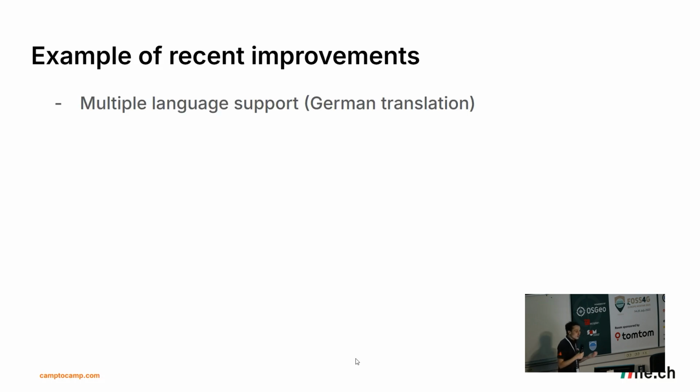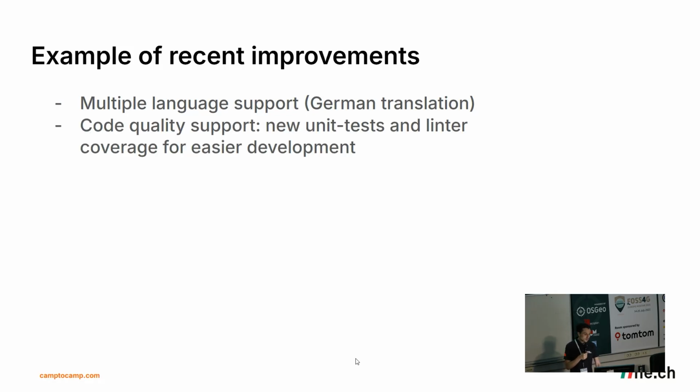Some examples of the recent improvements we achieved so far: we added multiple language support. This is only for the GeoShop, not for the extract part. This is coming soon, but it's not done by us. And we added German translations.